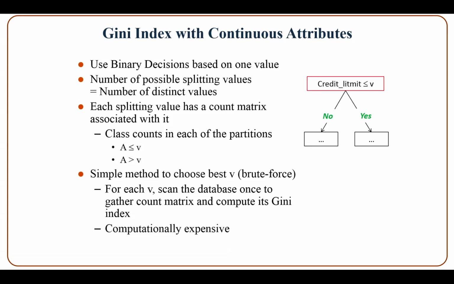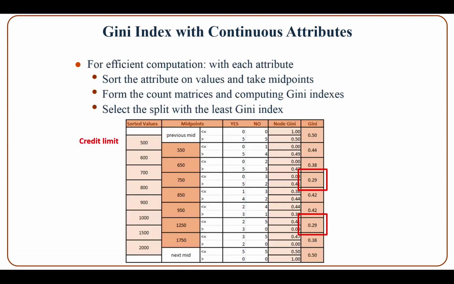This method is simple and called brute force, and it is computationally expensive. To be more efficient, with each attribute, the first thing to do is to sort the attribute on the values and take the midpoints, then form the count matrices and compute the Gini indexes, and then select the split with the least Gini index.